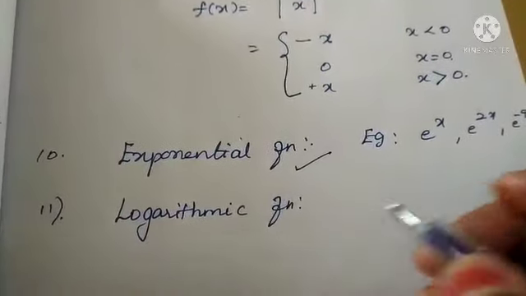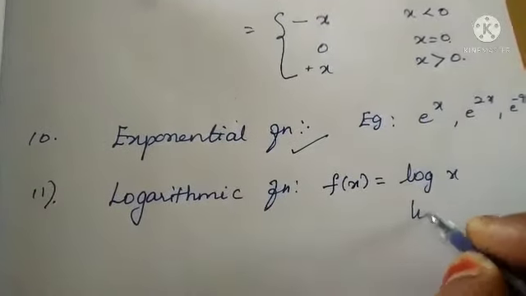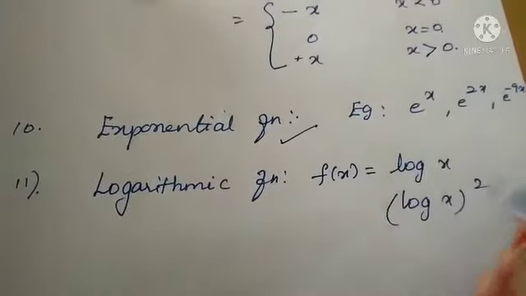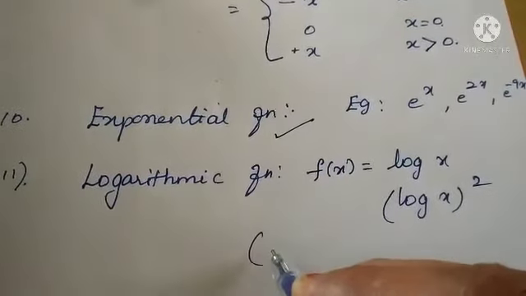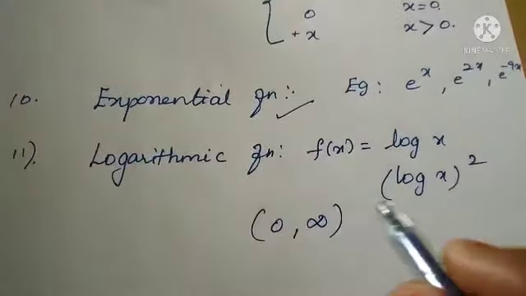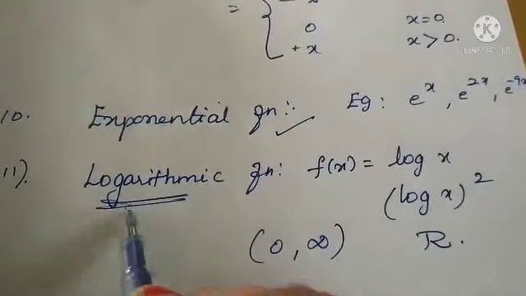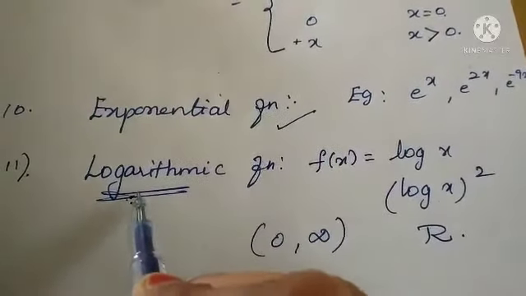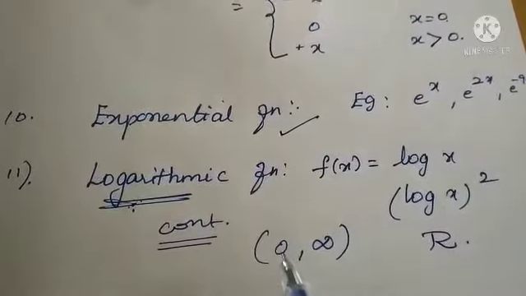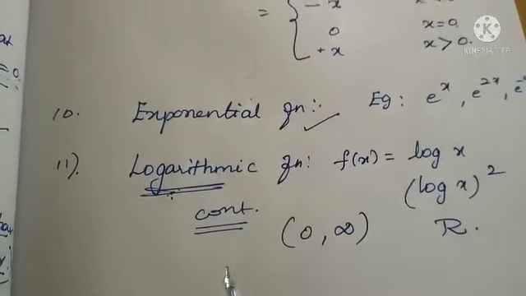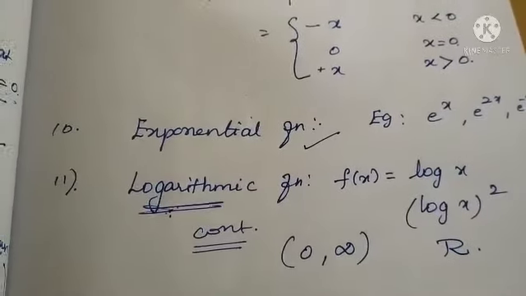You can take examples like f of x equal to log x or log x the whole square. Everything is continuous in the interval from 0 to infinity. Why I have not mentioned the real line means log cannot take negative values, so it will be continuous only in the positive values from 0 to infinity. So these are the examples you should keep in mind before getting to the exercise.